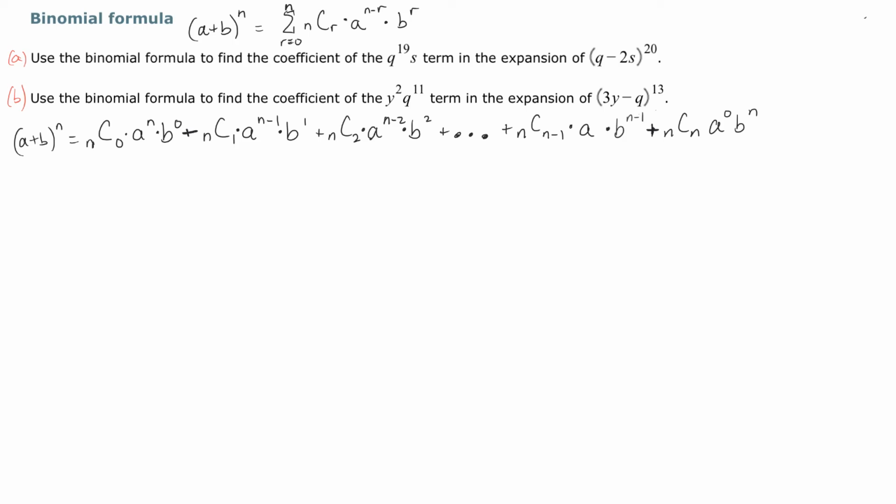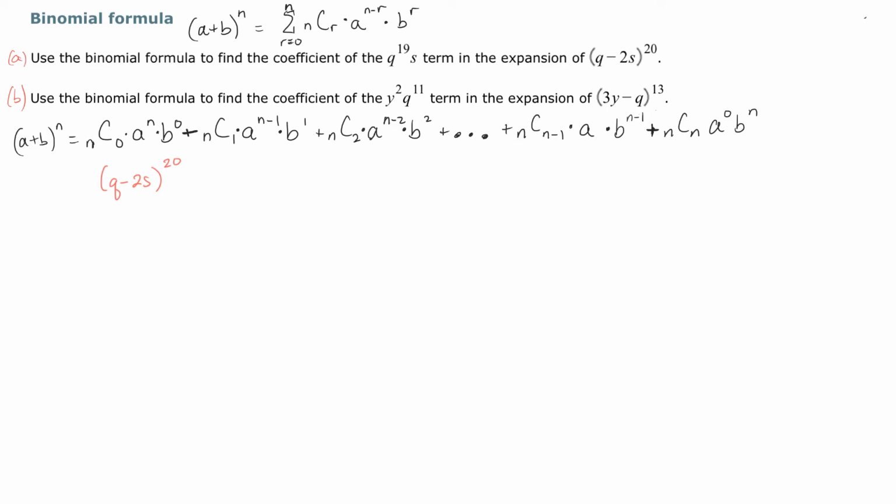All right, part A. Use the binomial formula to find the coefficient of the q raised to the 19th power times s. So here's our binomial, q minus 2s. Now we don't need to expand this entire thing.